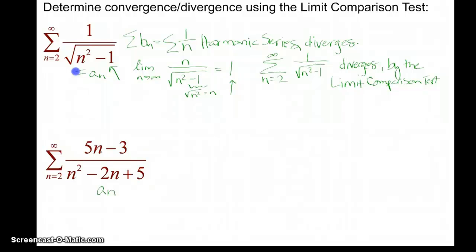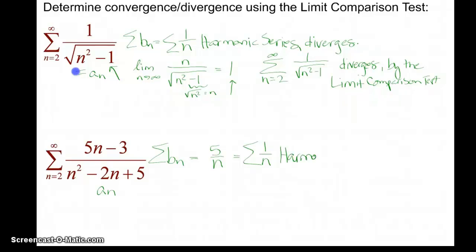If this is A sub n, for large n, the numerator is acting like 5n, the denominator is acting like n squared. So for large n, this is acting like 5 over n. Again, I'm going to say it's just acting like 1 over n, because 5 times that is not going to affect convergence or divergence.